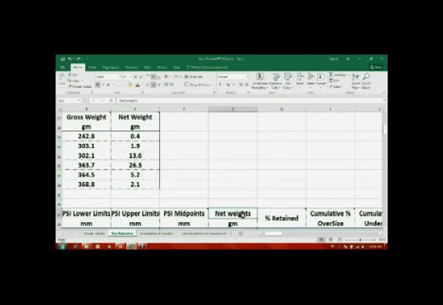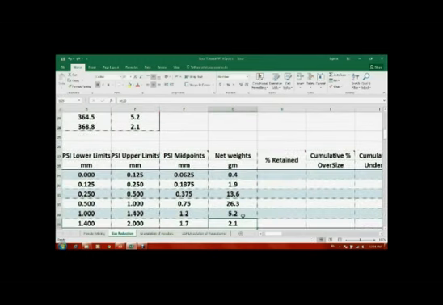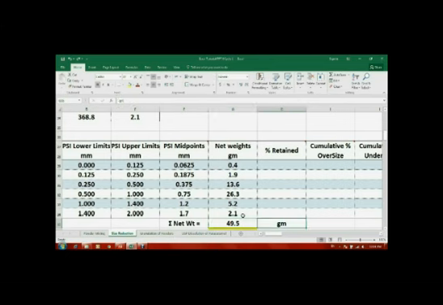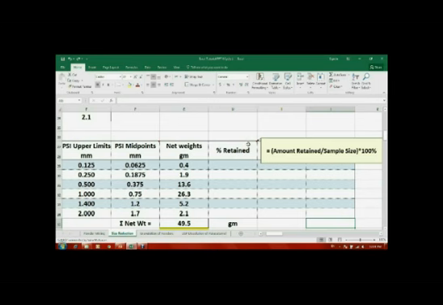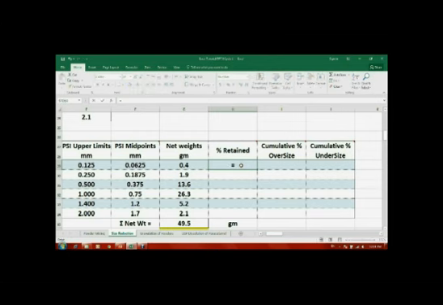Here we will need to calculate percent retained. Percent retained is equal to amount retained, or net weight or frequency in grams, divided by sample weight. Here our sample weight is 50 grams.